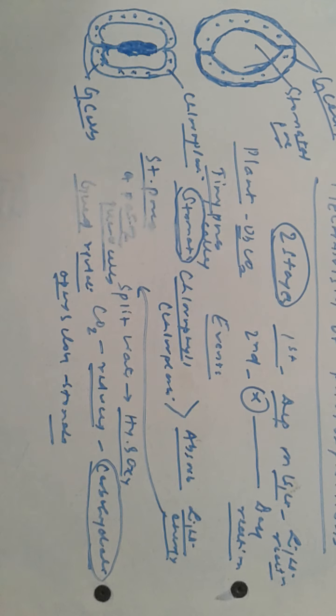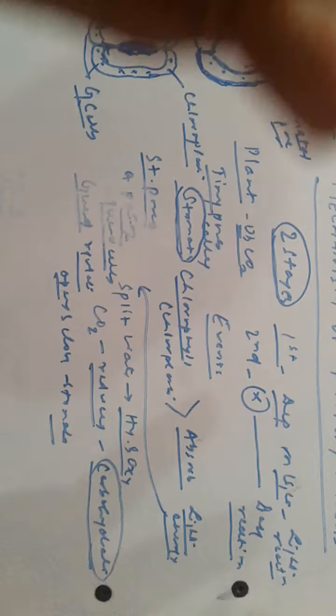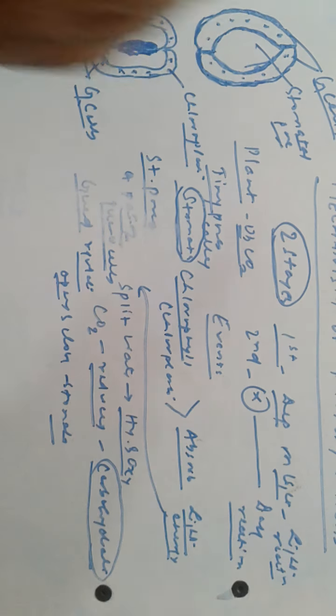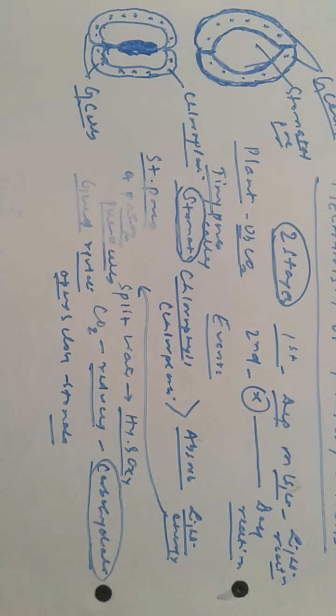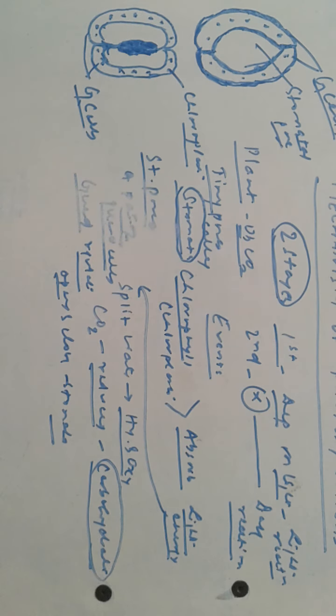So what happens when water comes inside? The guard cells swell up, and the stomatal pore opens. But what happens when the opening is not needed? Because if it remains open, the water will go out.